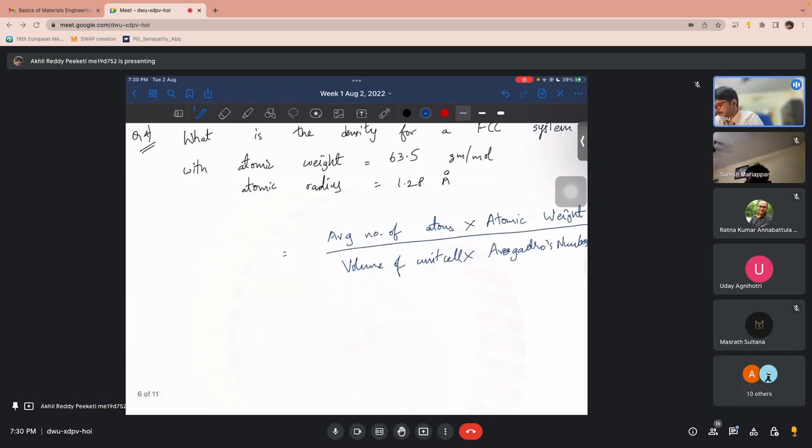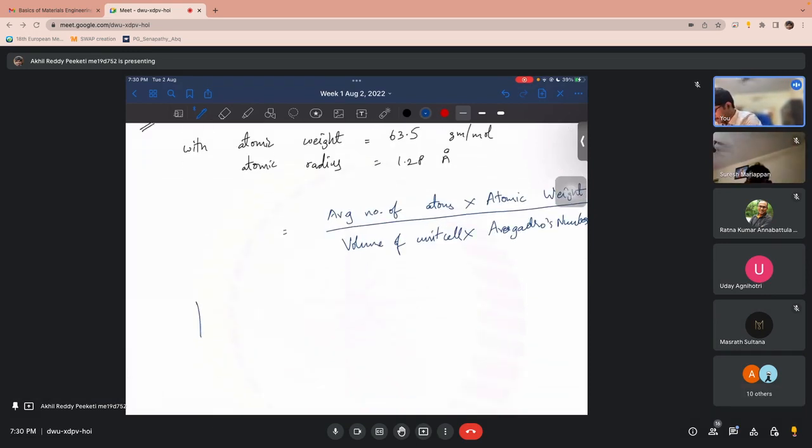So basically we have, let's say, n number of atoms in some unit cell, and each atom has a weight A. So this is the total weight or total mass of the unit cell. We know density is mass by volume.